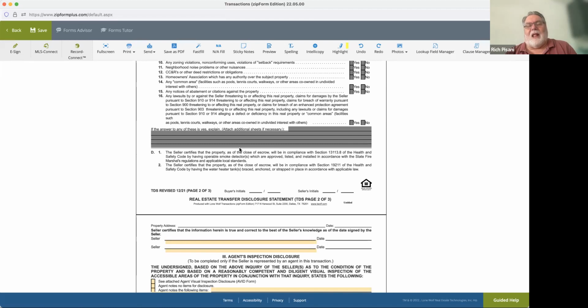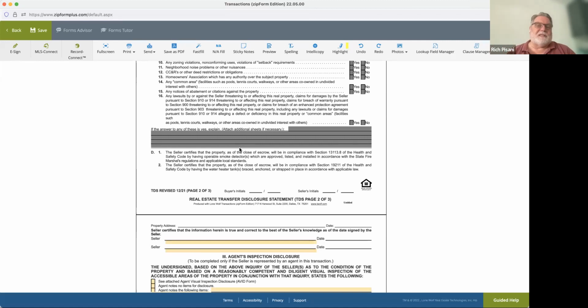When I say the Glide AVID is easy, it takes you room by room, and it's just the way that it's presented. It's easier to fill out, and the TDS and the SBQ can be sent to your seller through Glide. It's like a survey, so it's easier for the seller to fill out their disclosures.